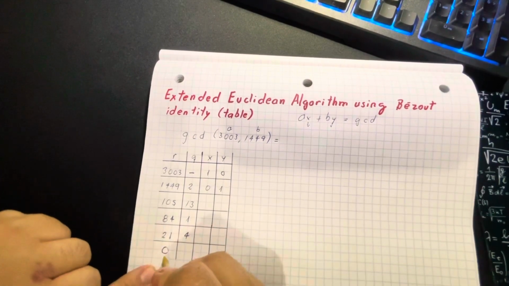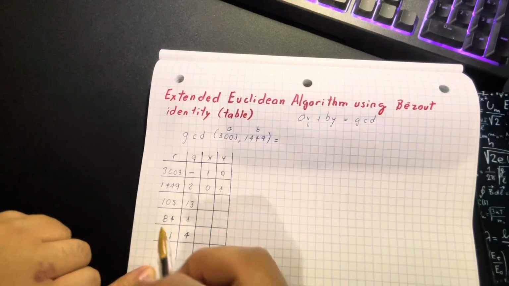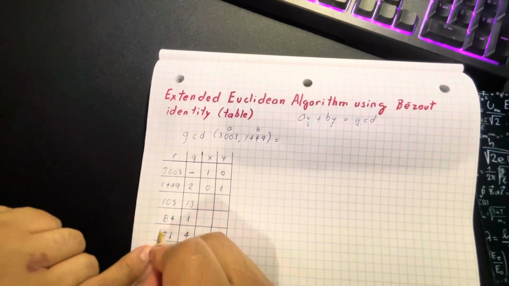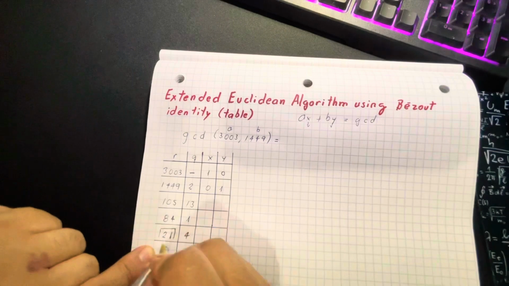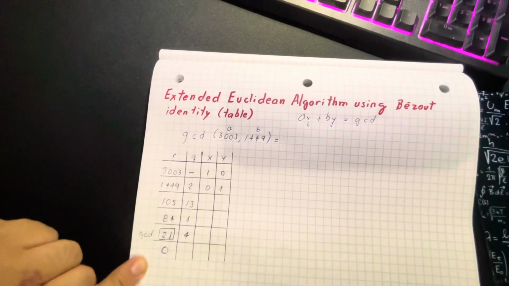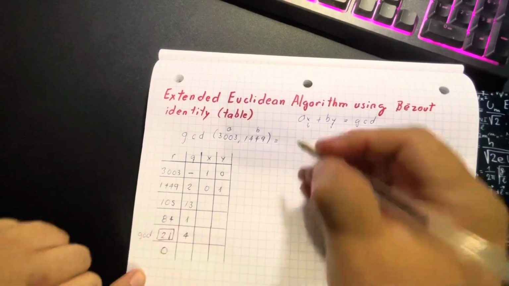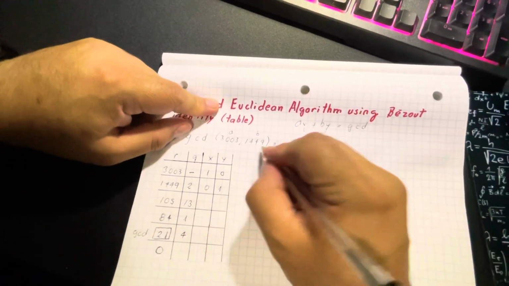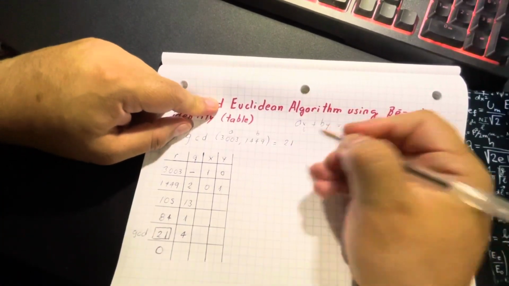And that's the 0 that I wanna get, right? Right here, you stop. So right here, the 21 is gonna be your GCD. Okay, so GCD equals 21.